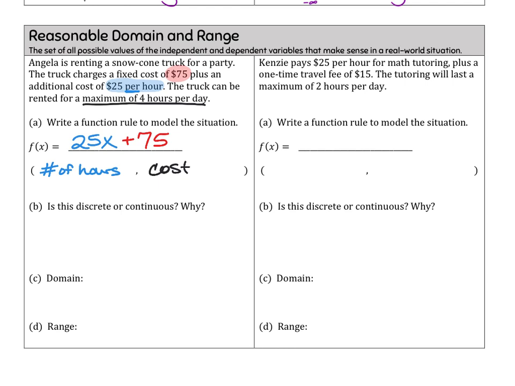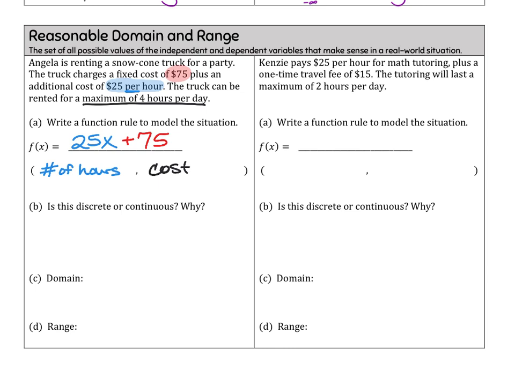Is this discrete or continuous, and why? So here's the thing. This gets a little complicated when you start thinking about what's going on. Do we count or do we measure hours? Now that's tricky with hours because it kind of depends on what it's representing. If you've ever rented something before, you rent it by the hour.